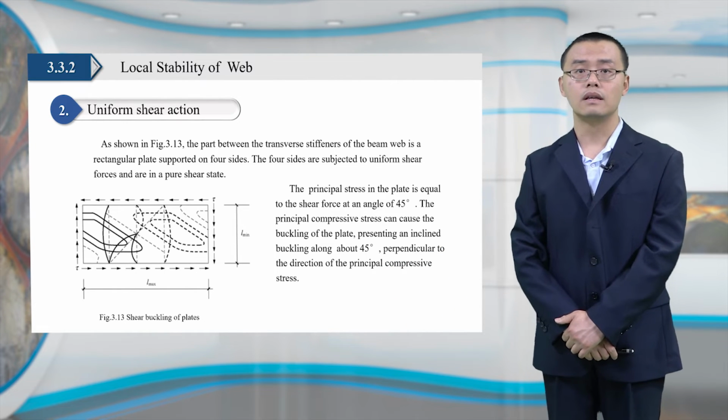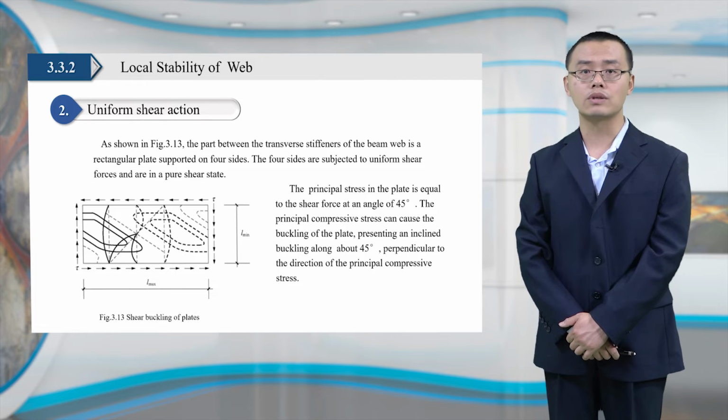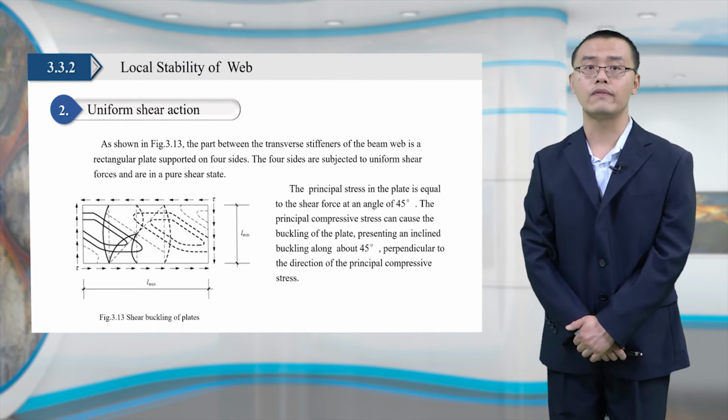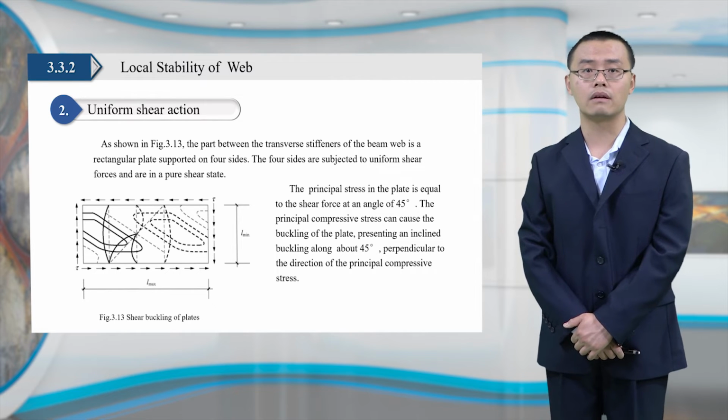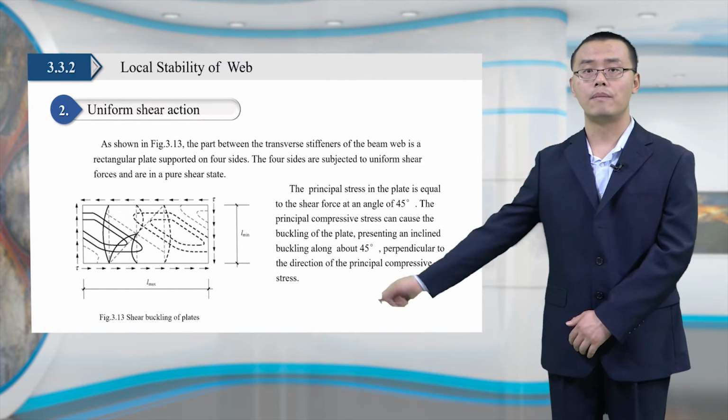As the second, uniform shear action. As shown in figure 3.13, the part between the transverse stiffeners of the beam web is a rectangular plate supported on 4 sides. The four sides are subjected to uniform shear forces and are in a pure shear state. The principal stress in the plate is equal to the shear stress, at an angle of 45 degrees. The principal compressive stress can cause buckling of the web along about 45 degrees, perpendicular to the direction of the principal compressive stress.